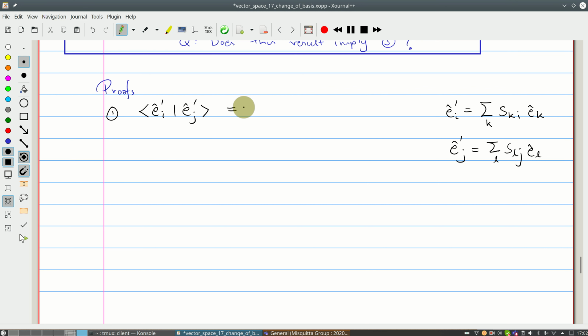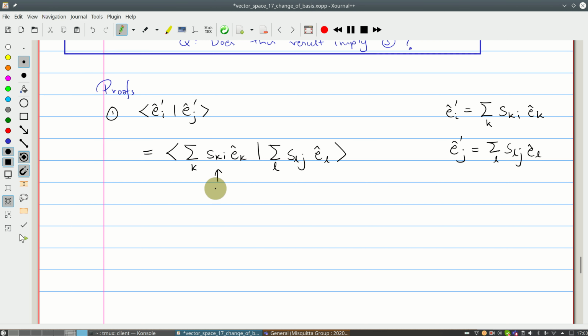All right, so now we are in good shape. Let's write this down then as the inner product of this k sum, S_ki e_k hat, with the l sum, S_lj e_l hat. Now because this is an inner product, if you have a linear combination of terms, going back to the definition of the inner product, you can pull those scalars out, and all you have to do is remember to complex conjugate any scalars that are in the bra side.